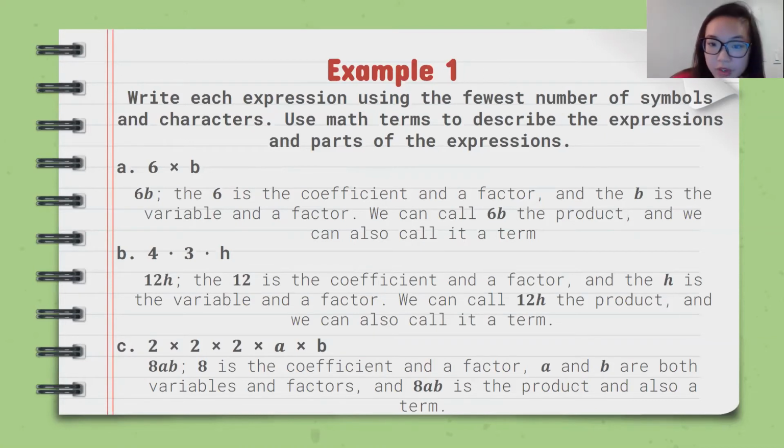So 8 is the coefficient and the factor, and then A and B are both the variables and the factors. We can't combine A and B into one because they're two different variables, two different letters. If it was A times A, it'd be like A squared. 8AB is the product and also the term.